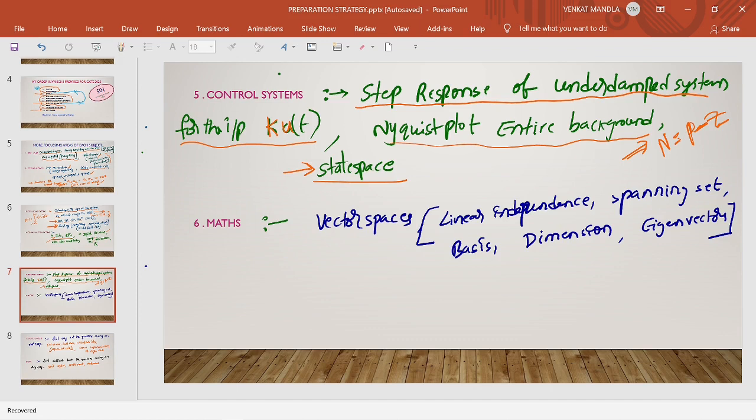Very important thing is the state space subject. State space means the entire state space part. You need to revise, because we usually neglect this concept, but the questions are coming. You cannot neglect.